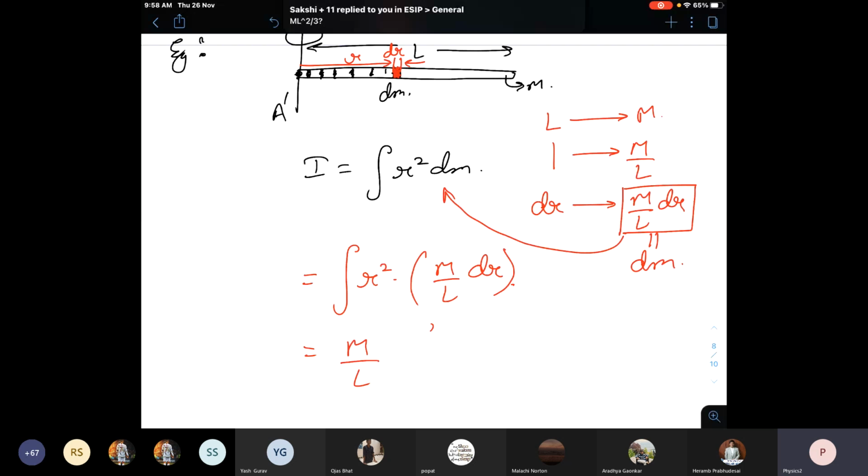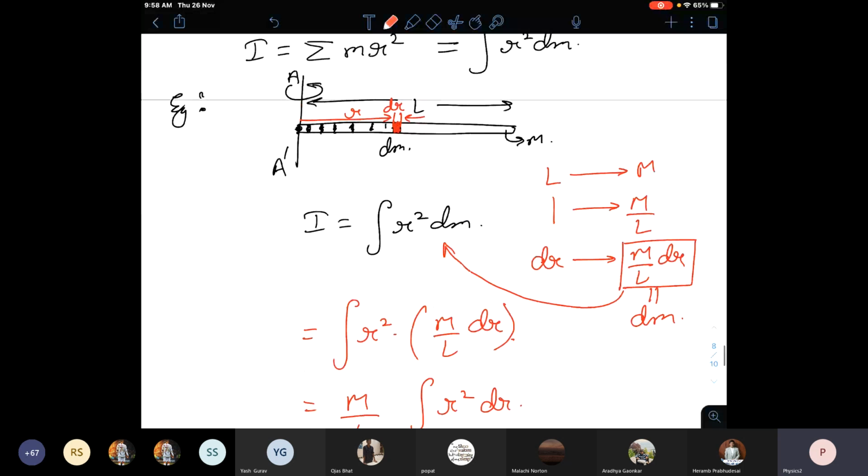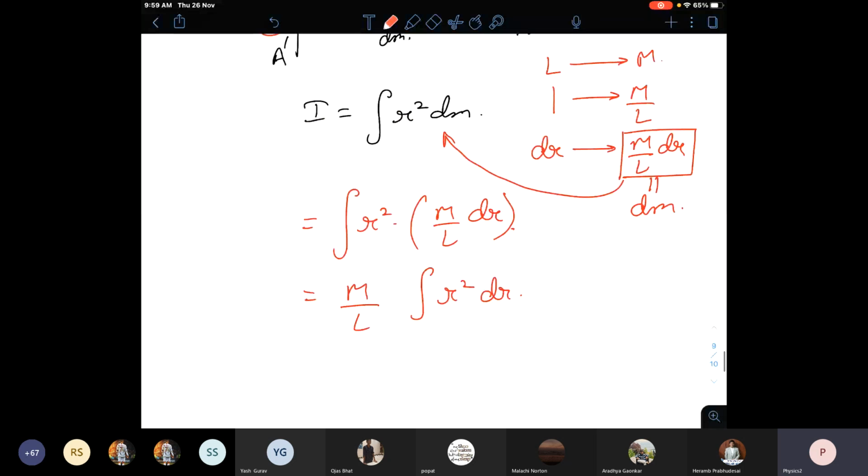Now see, your rod is starting from r equal to 0, and your rod is ending at r equal to L. Since I am integrating with respect to r, the limits will be kept on the values of r.